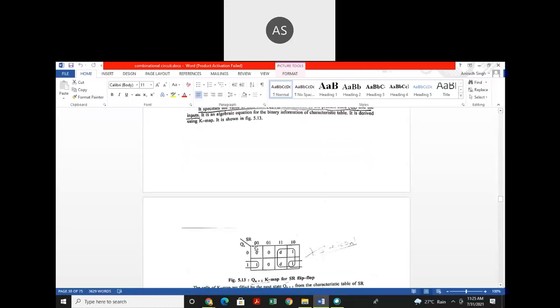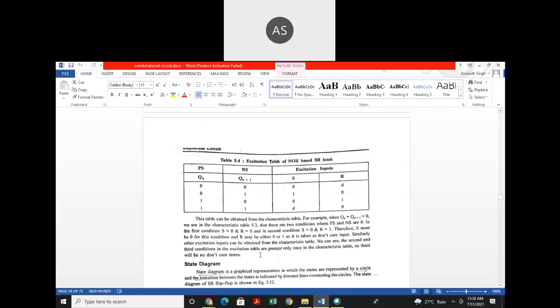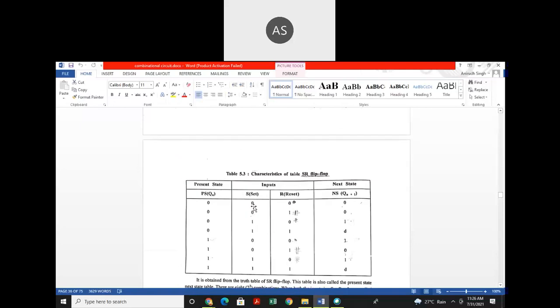When SR is 0, 0 and Q is 0, then the next state is 0. When S and R both are 0 and present state is 0, then next state is 0. Similarly, when S and R is 0, 1 and present state is 0, then next state is 0.